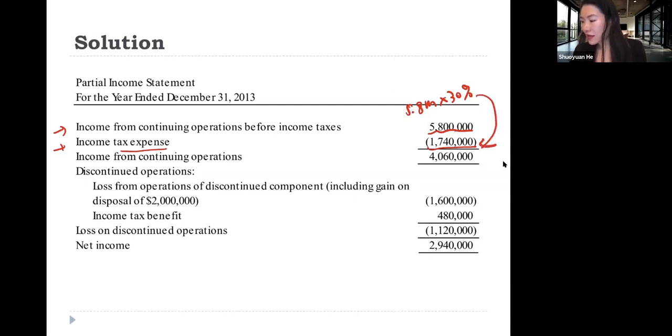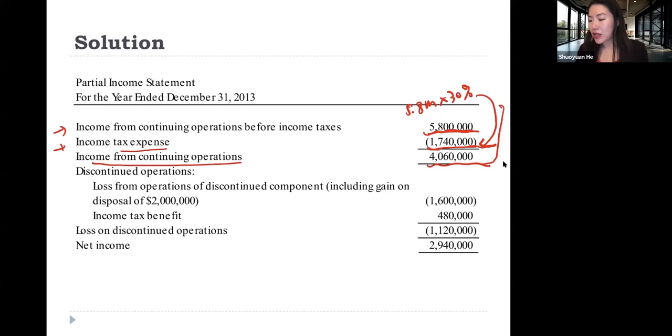And then income from continuing operation is you take 5.8 million minus 1.74 million, that gives you 4.06 million. So this is the continuing operation part.